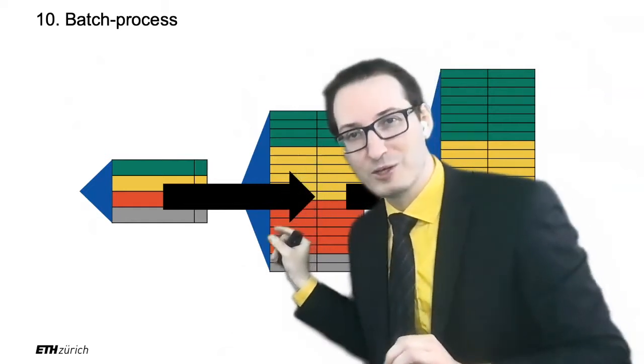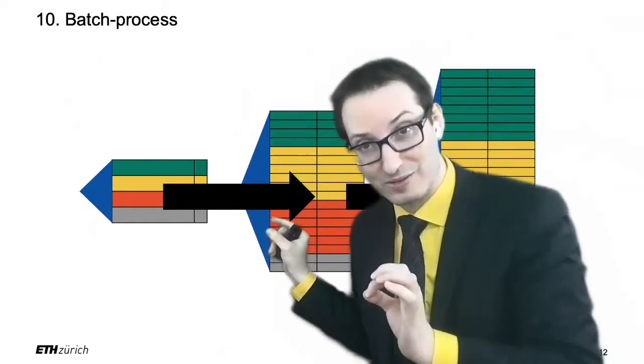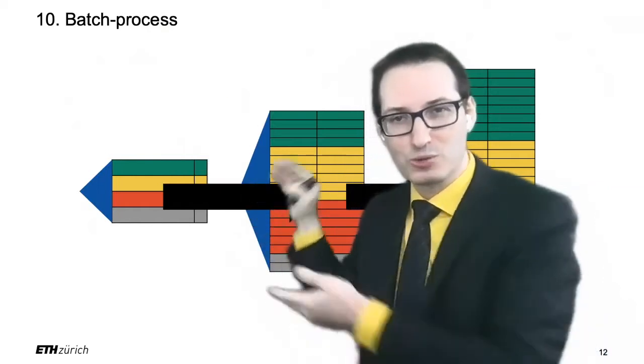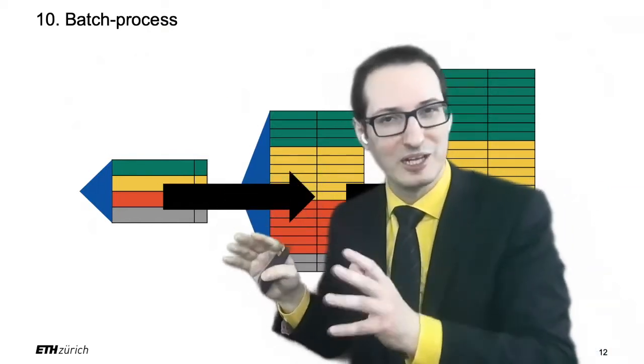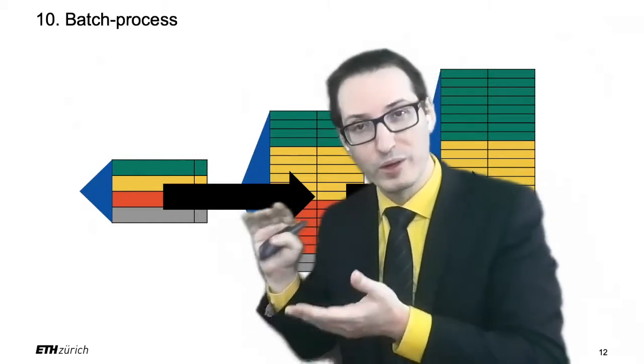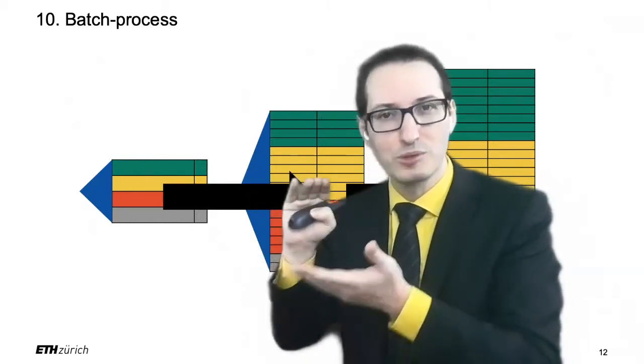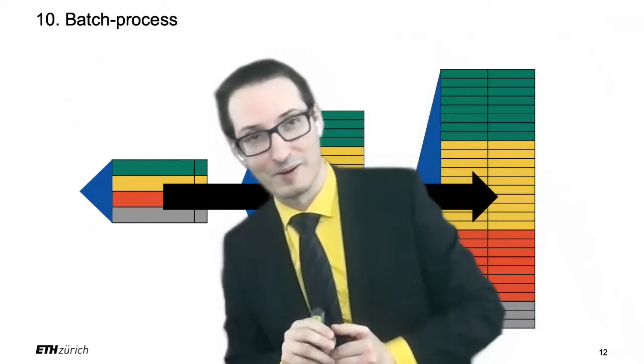We do not do it at the scale of individual values because that would be highly inefficient, right? So batch processing is to process millions of values at the same time. We love to process values in groups of a few millions, all right?